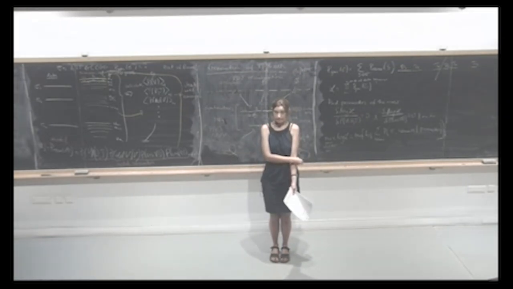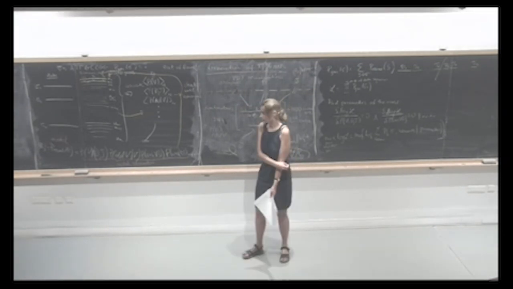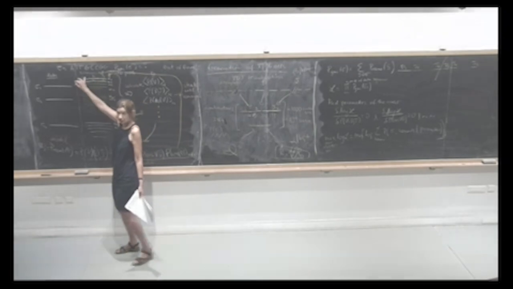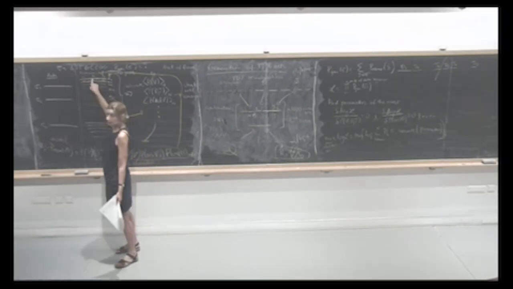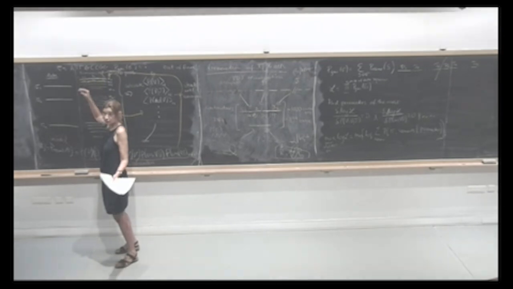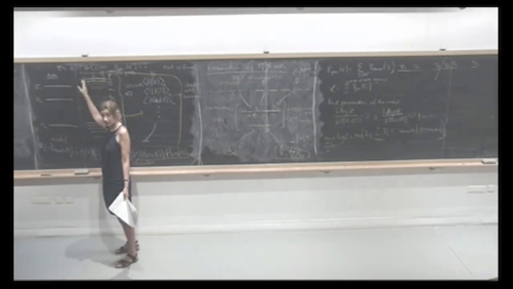No. These genes are pretty long. It is possible for D, and it does happen for D, but for V and J, they're too long. For D, it definitely happens.